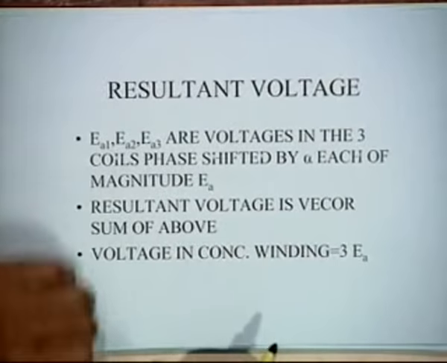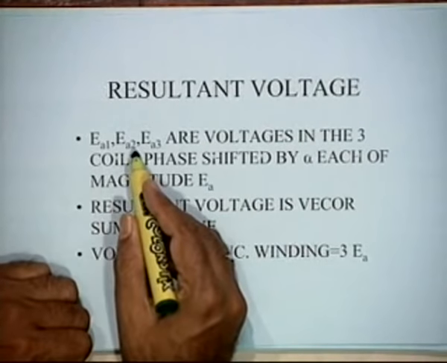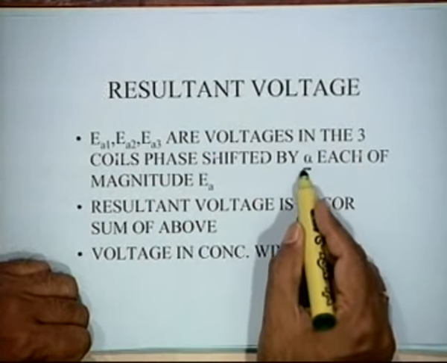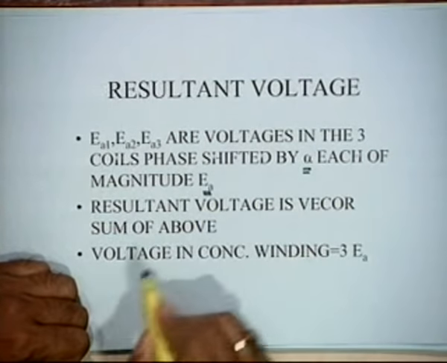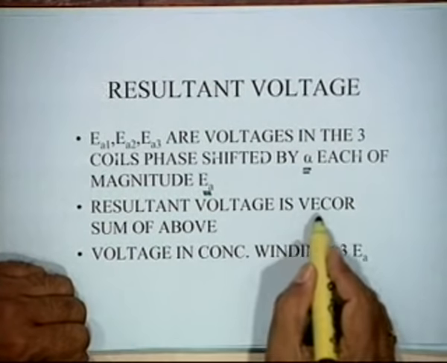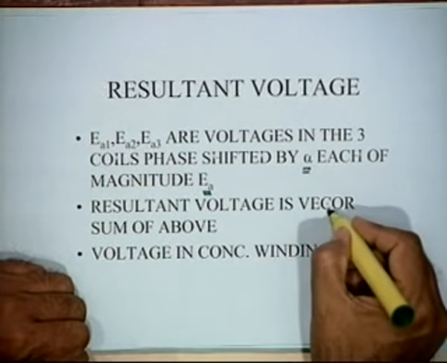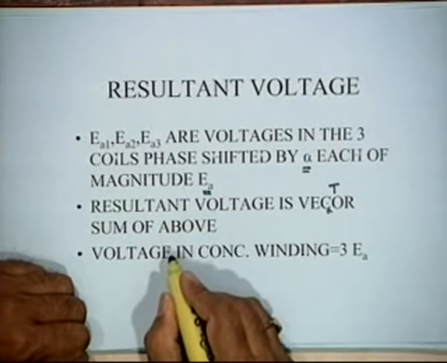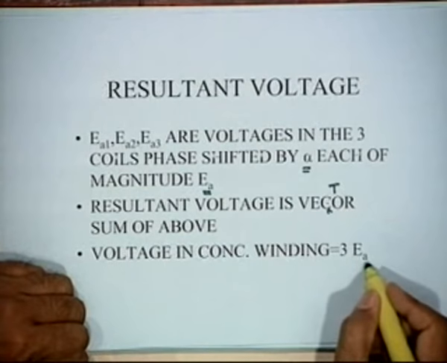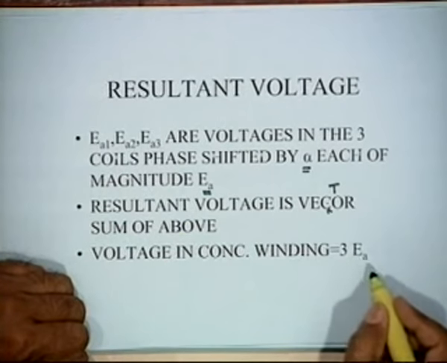This is the factor that we have to include while calculating the voltage in a distributed winding. So, we have the resultant voltage, where EA1, EA2, EA3 are the voltages in the 3 coils phase shifted by an angle alpha, each of magnitude, let us say, EA, and the resultant voltage is the vector sum of these. The voltage in a concentrated winding is 3 times EA in this case, because we have 3 slots.